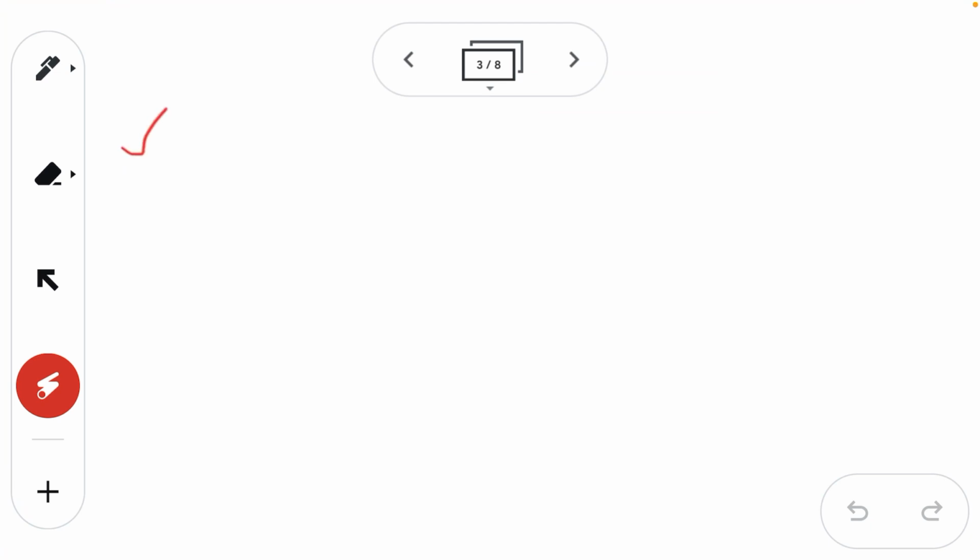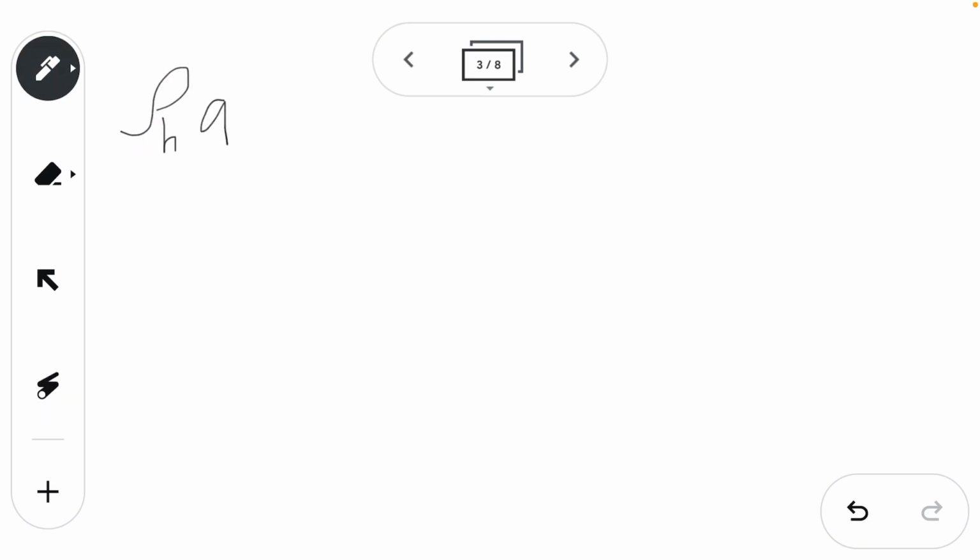We know that the density of the human multiplied by g times the volume of the human equals the density of the water times g times the submerged volume of this human.